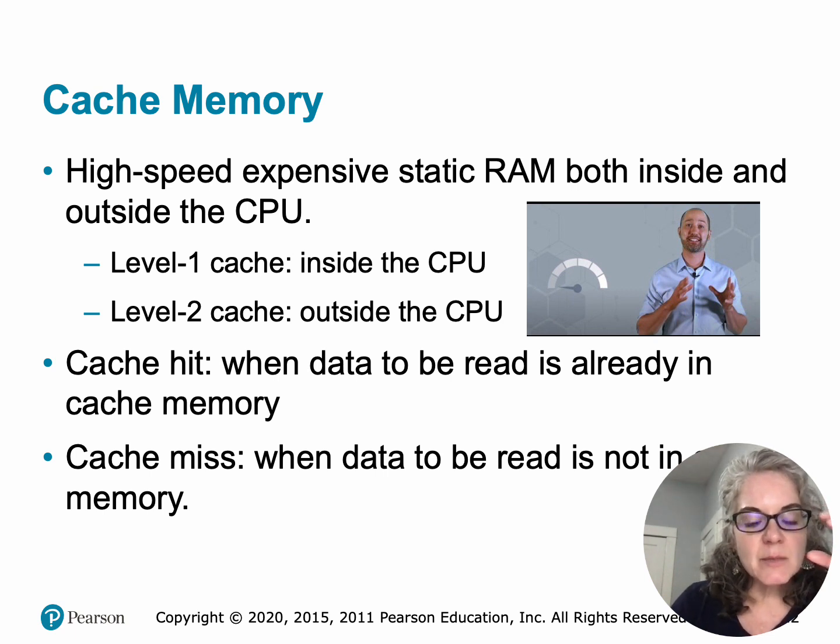So the CPU doesn't have to travel as fast to get those instructions and data, and can just very quickly process those instructions and data. So cache memory, you can think of it like when you open a document, and maybe you use that document every day.